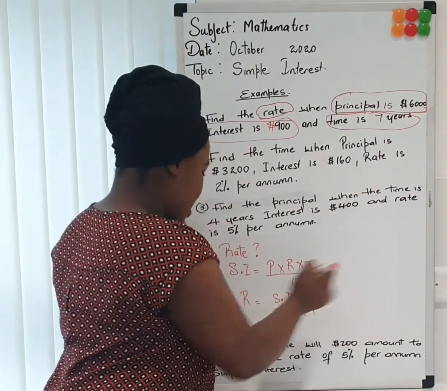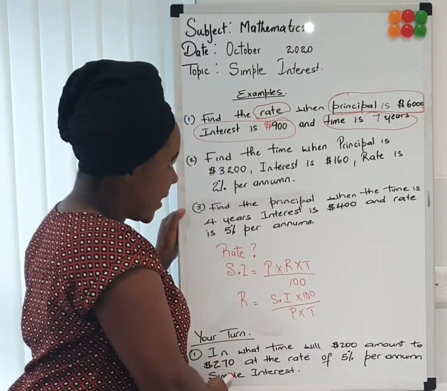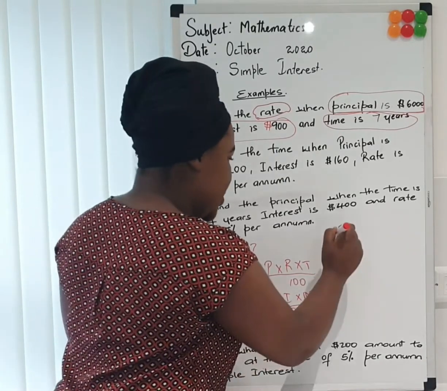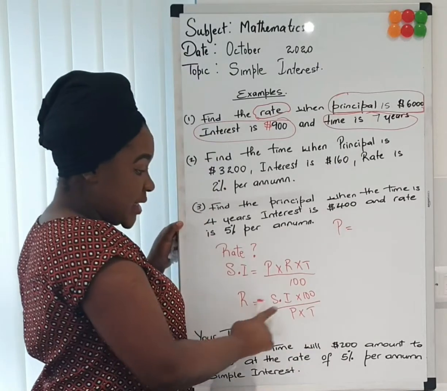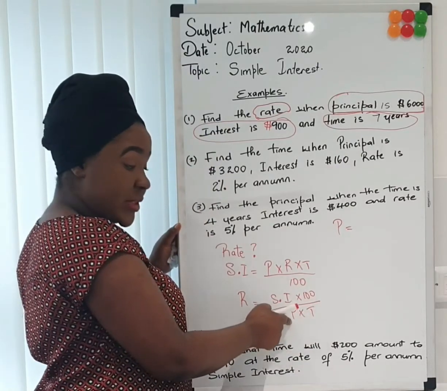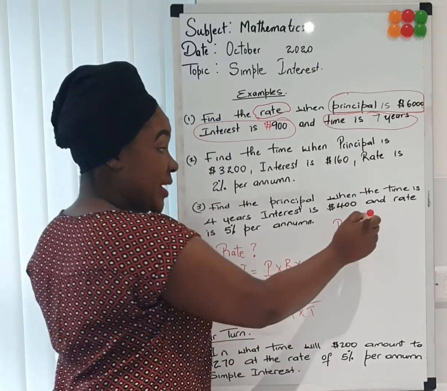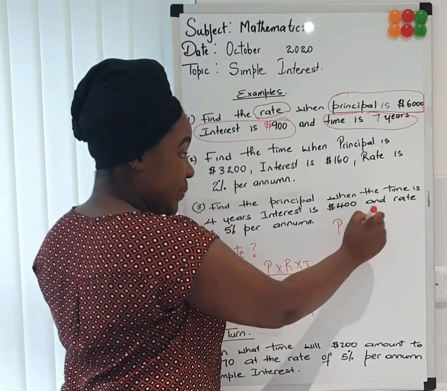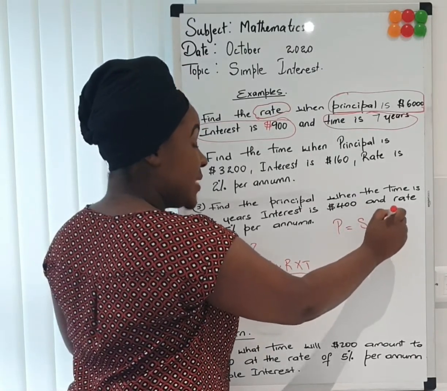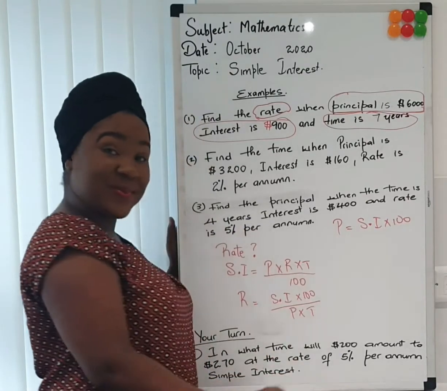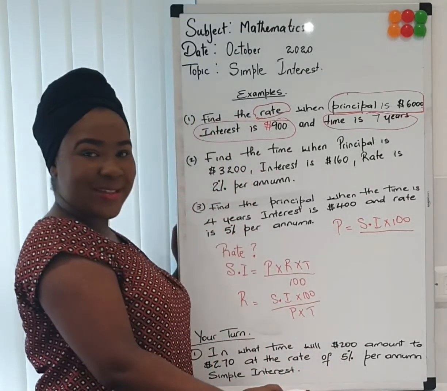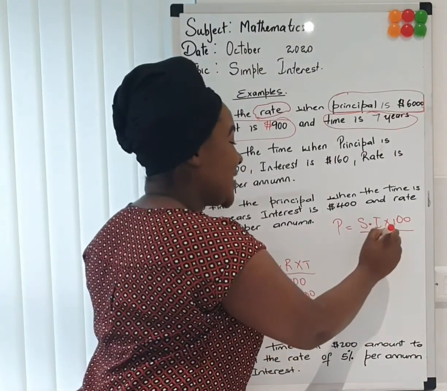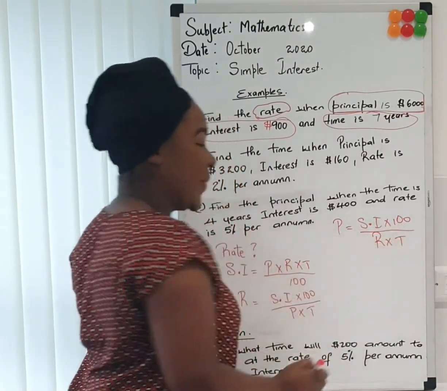Alright? And then let's put in the formula for principal here. So if rate equals simple interest times 100 over principal times time, now principal equals simple interest times 100, just the same, all over rate times time. Alright?